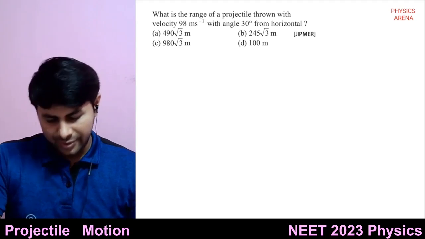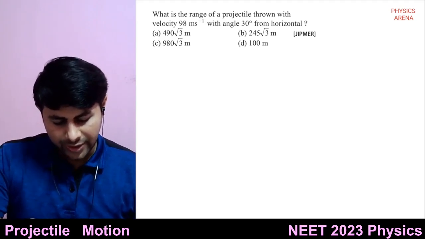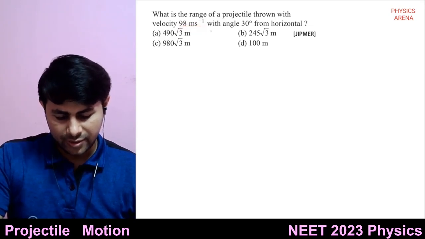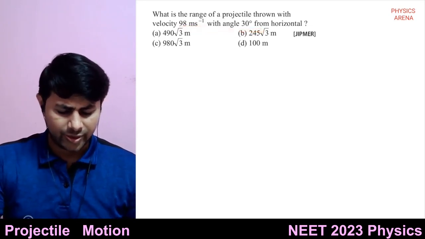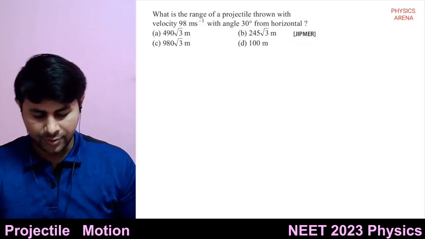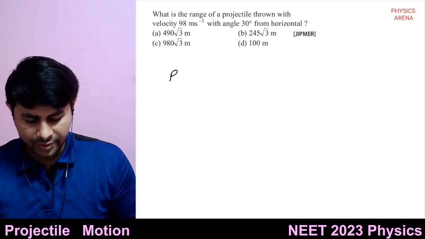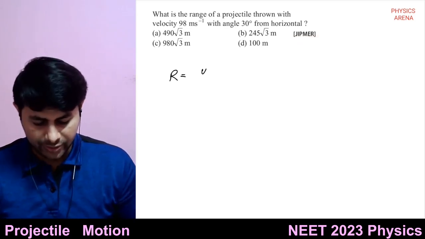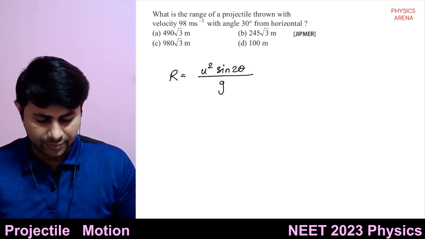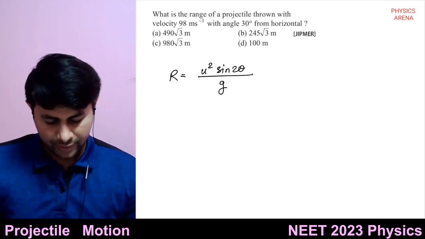Next one. What is the range of a projectile thrown with velocity 98 meters per second at an angle of 30 degrees from horizontal? This is very simple. The formula for range is u square sine 2 theta divided by g.